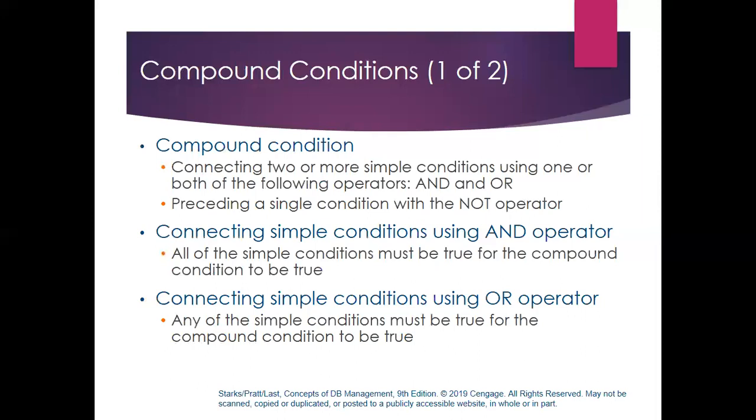When you connect simple conditions using the AND operator, all of the simple conditions must be true for the compound condition to be true. When you connect simple conditions using the OR operator, any of the single conditions must be true for the compound condition to be true.